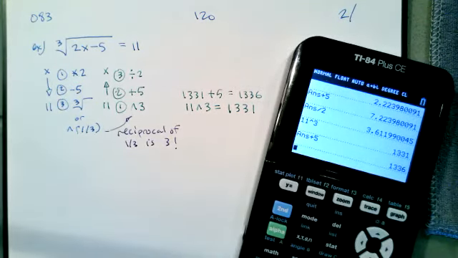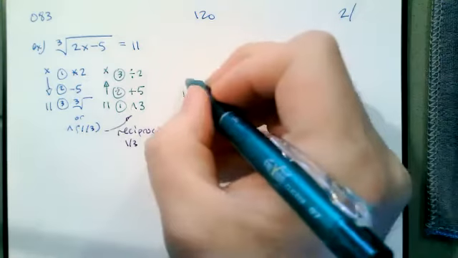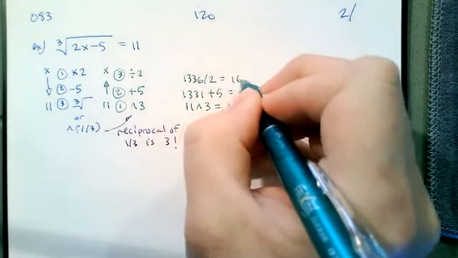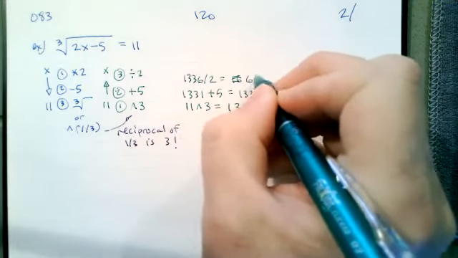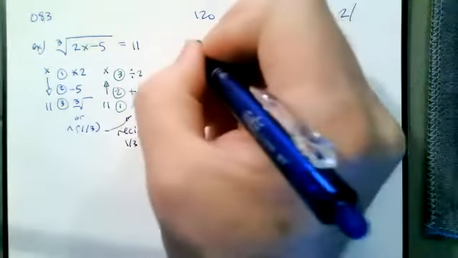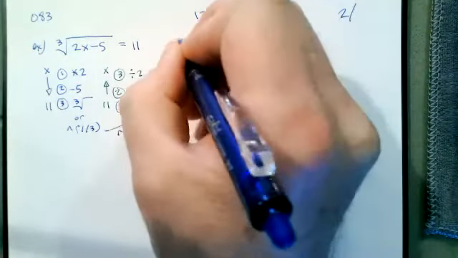And then we're going to take the 1,336 and divide it by 2 and come up with 668. And then we will report our answer and say x is equal to 668.